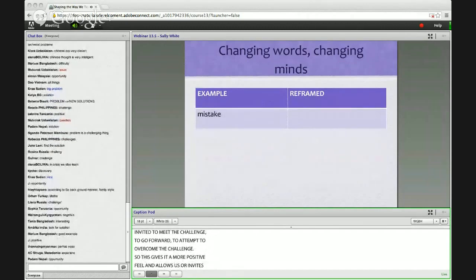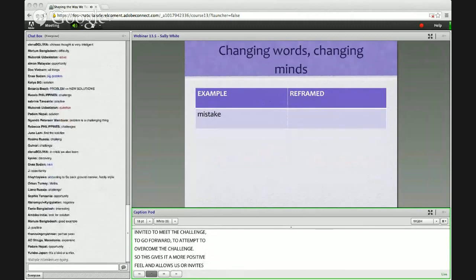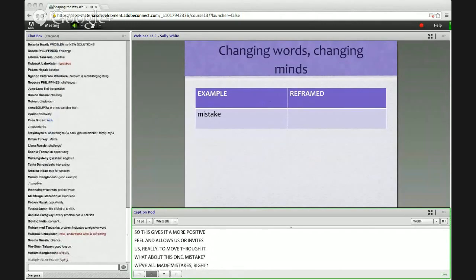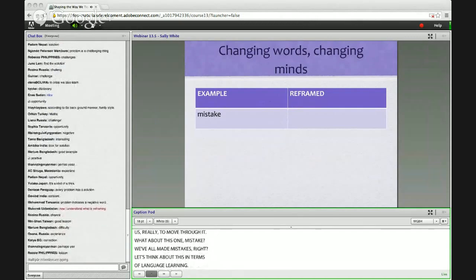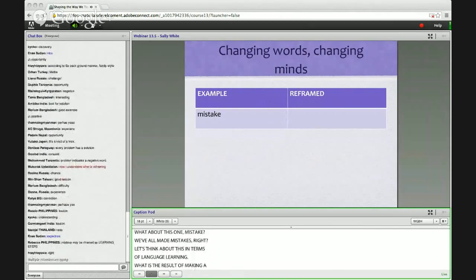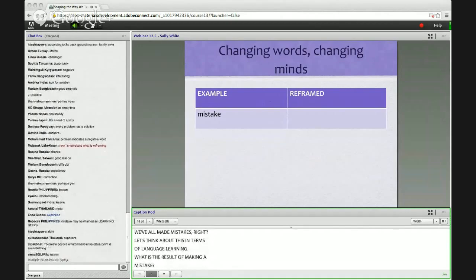What about this one? Mistake. We've all made mistakes, right? Let's think about this in terms of language learning. What is the result of making a mistake? What happens when we make a mistake when we're learning a language? Sure.